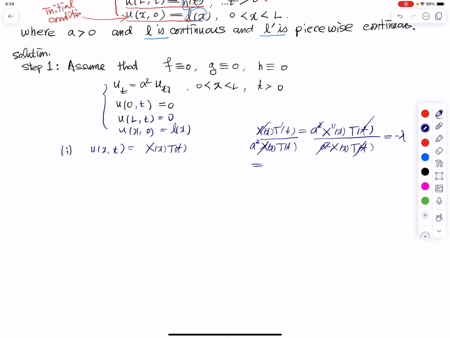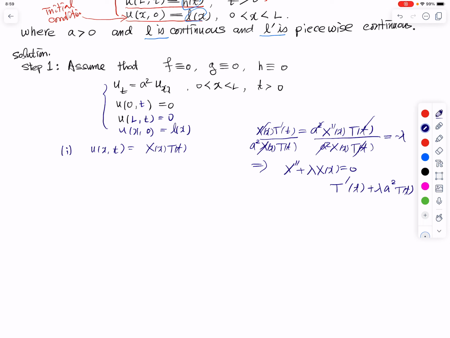Then we obtain X'' plus lambda X equals 0, and T' plus lambda a squared T equals 0.